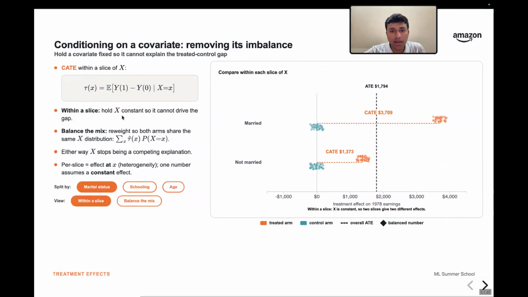Let's say one of the values of X is married, whether a person was married or not before participating in that experiment. Let's say there are different distributions of this, so for example, we have a higher percentage of people who are married as compared to people who are not married. So one option is that we look at only the subset where people are married.